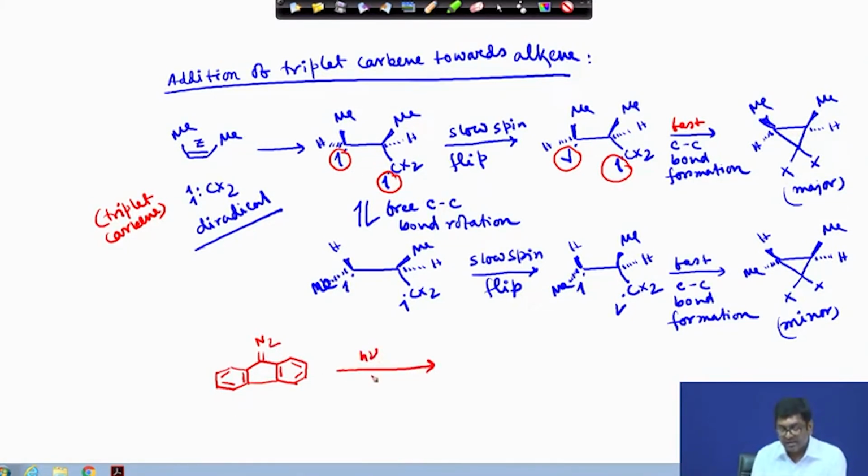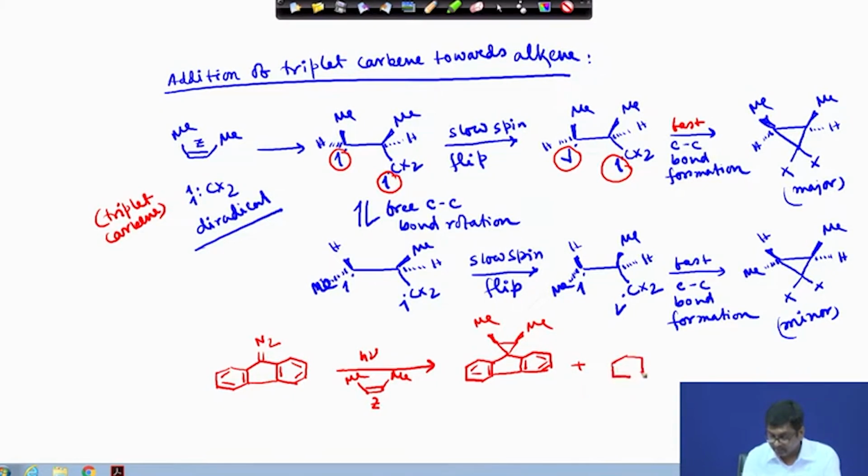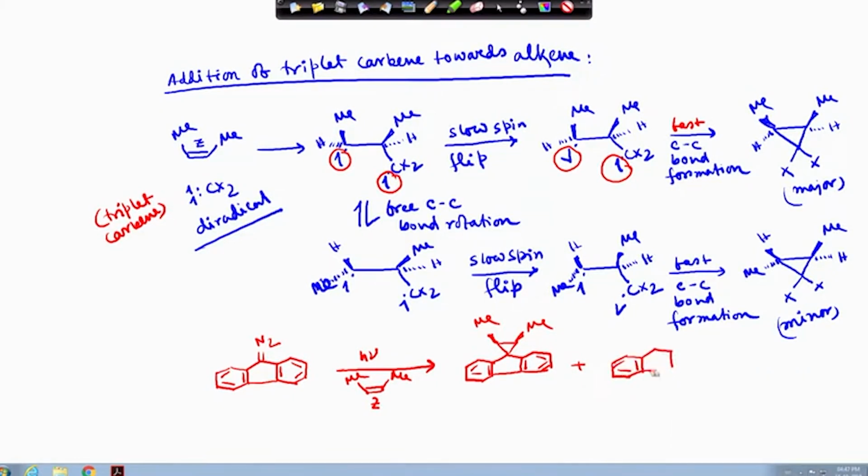if we photochemically irradiate these diazo compounds, then that can generate the carbenes, and what we found in the product is that this is Z. In the product it generates that cyclopropane like this plus this.